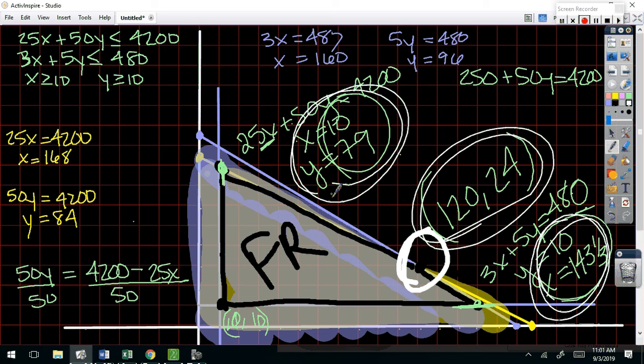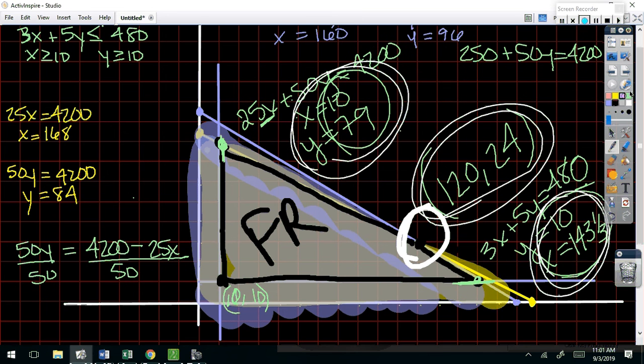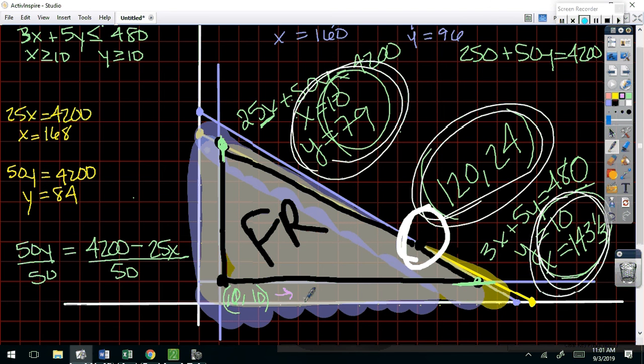All right, row 1. At 10, 10, what is our revenue? 325. If you ship 10 standard and 10 oversized, your revenue is $325. Row 2. What happens if you ship 10 and 79? 1,705.